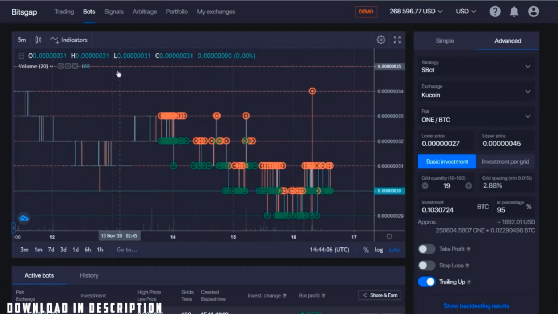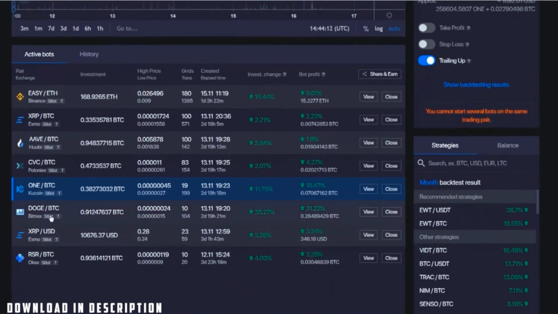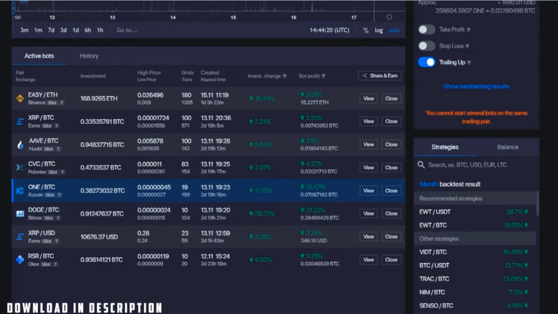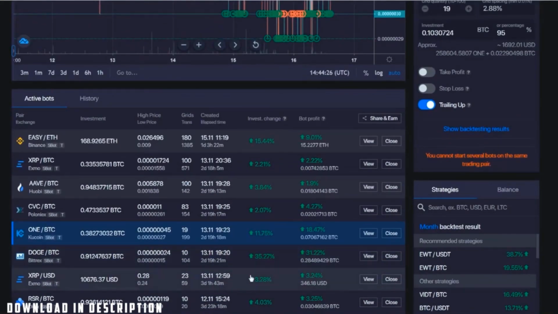Now, what I would say though is that it is tempting to go as low as something like Dogecoin. And on this, because this is my demo account, it would appear that Dogecoin has been the most profitable of all. But you have to take into consideration the volume, and it does have low volume, and this demo account didn't really understand that.